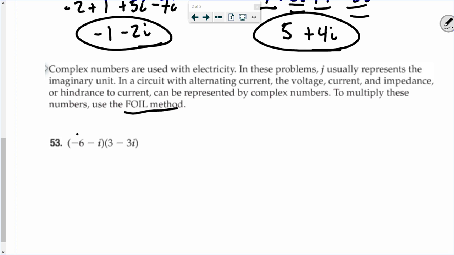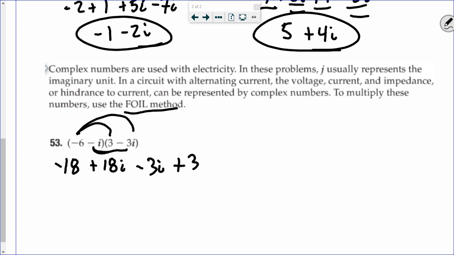Okay, so first times first, so negative 6 times 3, that's negative 18. Outer, so negative 6 times negative 3i, negative times negative is positive 18i. Inner, negative i times 3, that's negative 3i. And lastly, negative i times negative 3i, positive 3i squared. So simplifying this, we've got negative 18.